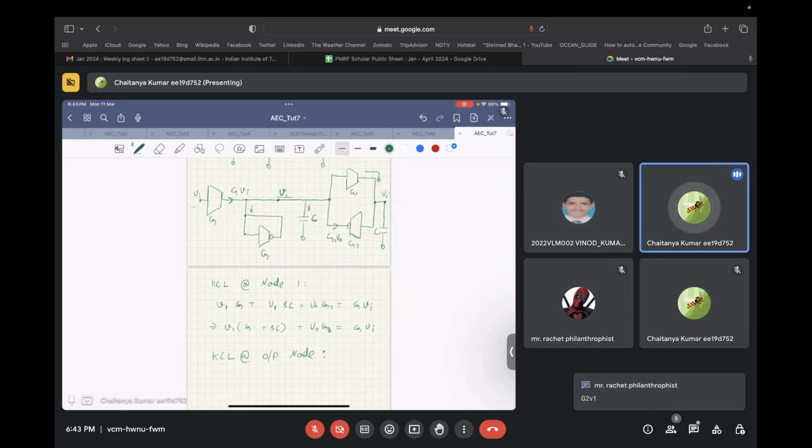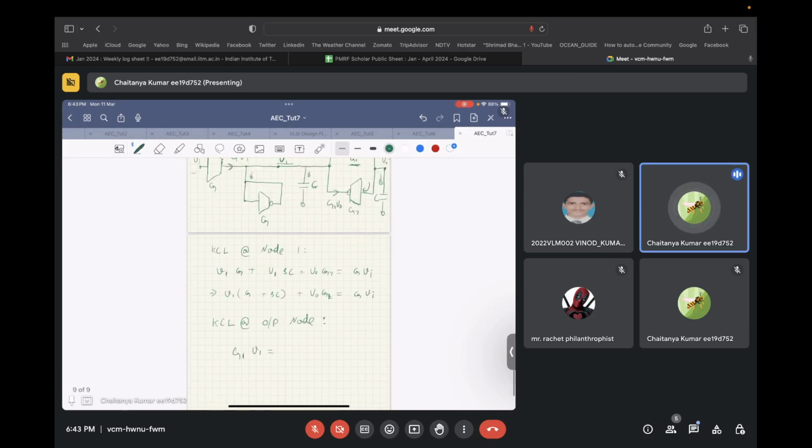This transconductor has G1 as its transconductance, and at the input it has V1. So the current that will be pumped into this node is G1 times V1. That is basically equal to the current that will be pulled by this capacitor. No current will go in this direction because this is an infinite input impedance. So this will be equal to V naught times SC.